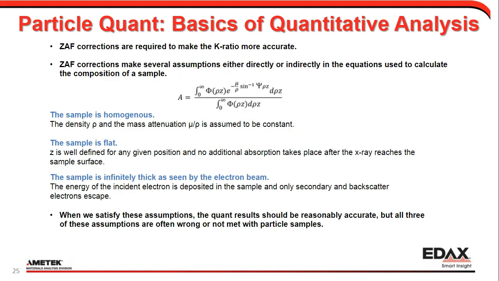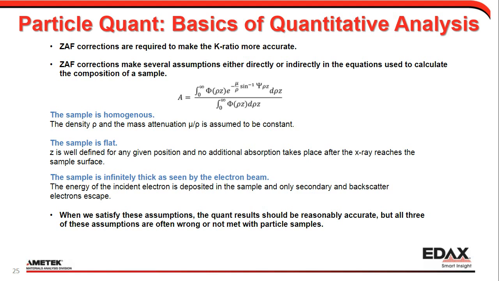Now I want to mention challenges in particle quantification. I'm going to use some examples to show you how to identify the cause of the variation and the effects of scan strategies on particle quantification. While we are doing quantitative analysis, we use the K ratio as the basic approximation.